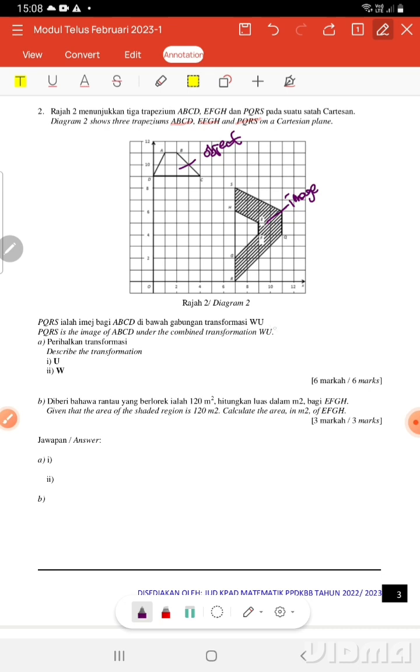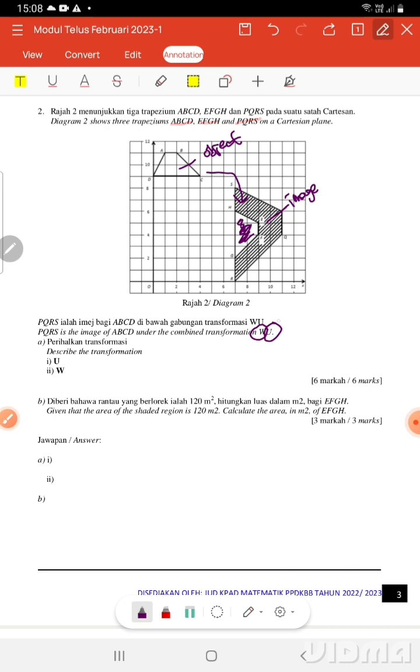So we will have to do the U first and then followed by W. Here again, trapezium EFGH is given to you to help you. So from ABCD, we undergo one transformation to EFGH first, and then from EFGH getting bigger to the image.